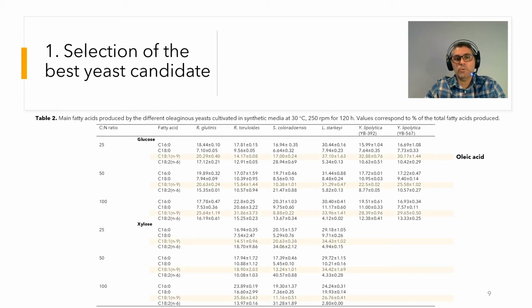The most abundant fatty acid produced by Rhodotorula glutinis, Lipomyces starkeyi, and Yarrowia lipolytica was oleic acid, followed by palmitic acid and linoleic acid. It is worthy to notice that the percentage of oleic acid in Rhodosporidium toruloides increased as the carbon-to-nitrogen ratio increased. Fatty acids with 16 to 18 carbon atoms are optimal feedstocks for biodiesel production due to their similar fuel properties.